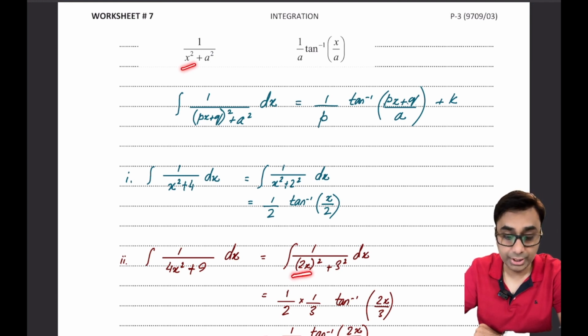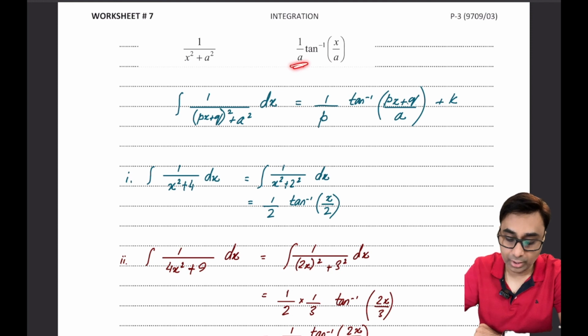My formula doesn't change. I still apply the same formula, but the coefficient of x gets divided. So this is going to be 1 upon 2 because the coefficient of x is 2, and then 1 upon a of the formula. In this case, a is 3, so 1 upon 3 tan inverse x upon a, which is 2x upon 3.